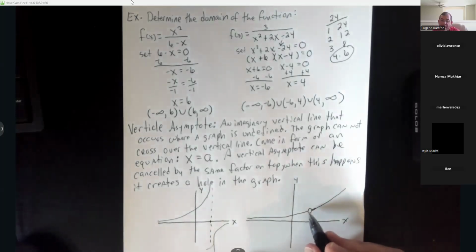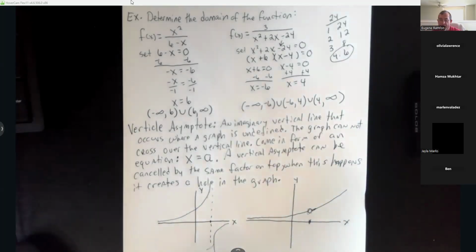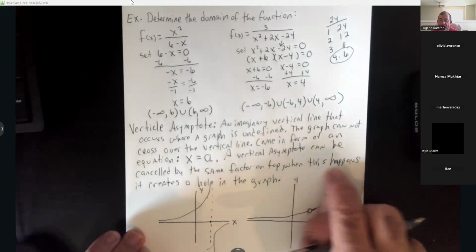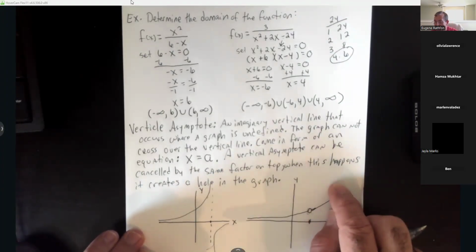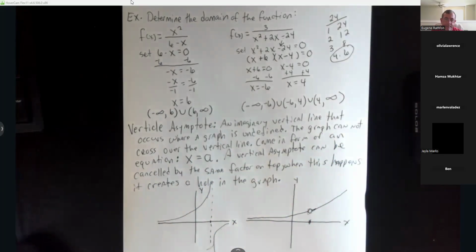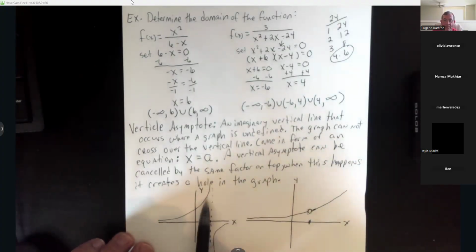This hole is undefined, so whatever value made that undefined, it'll make a hole at that point of the graph, okay? Now, on the calculator, you're not going to see that hole because of the way the calculators are pixeled and stuff. But that's what it's actually doing when it's undefined and the factor on top matches one of the factors on the bottom. And we have a problem later where you'll see that, okay? But y'all, vertical asymptotes, like I said, are mainly just imaginary lines here.